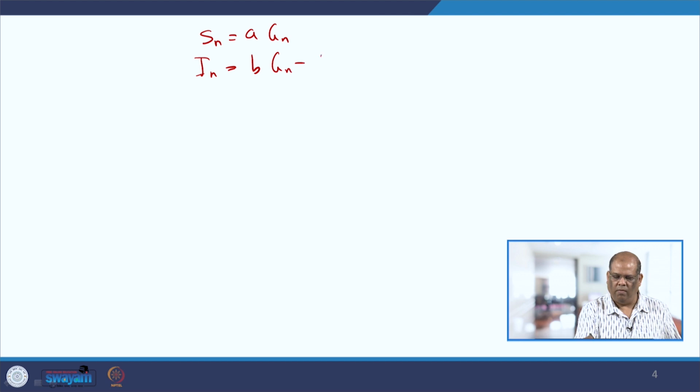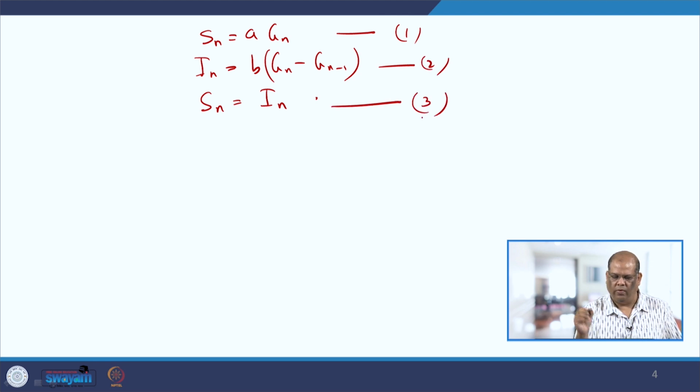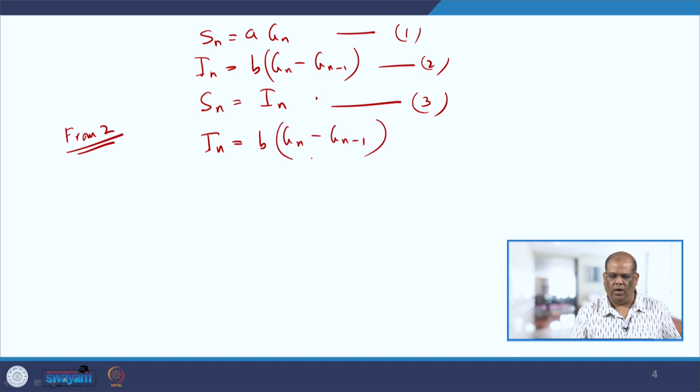So, you have Sn equal to A times Gn, you have In equal to B times Gn minus Gn minus 1, and you have Sn equal to In. So, let us call this equation 1, this is equation 2 and this is equation 3. From 2, I get In is equal to B times Gn minus Gn minus 1 from the assumption 2.